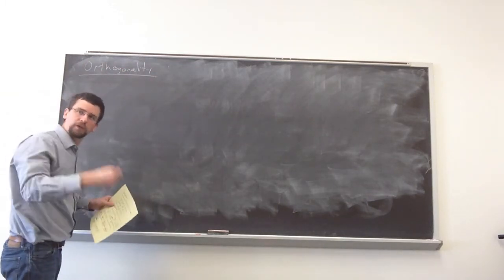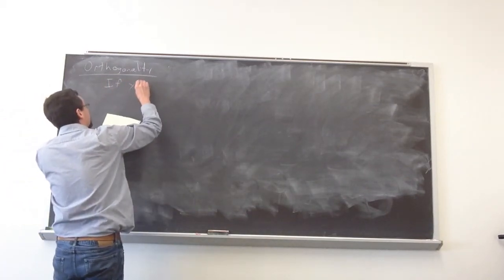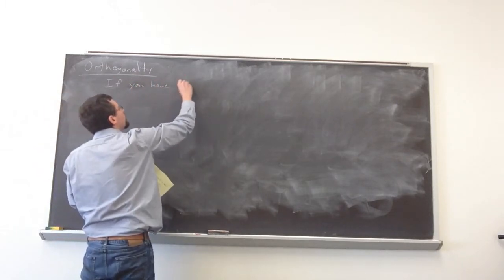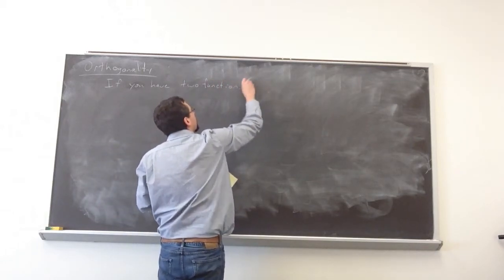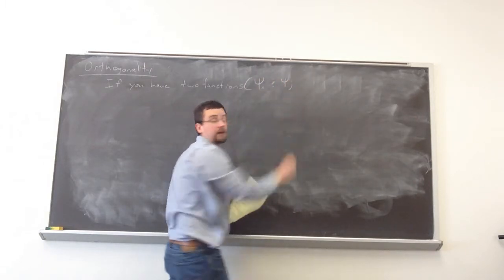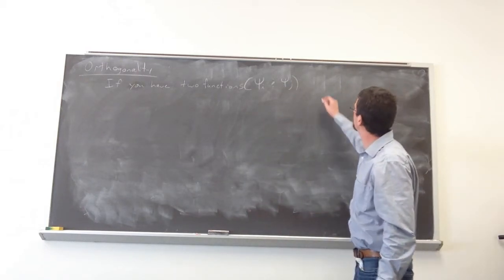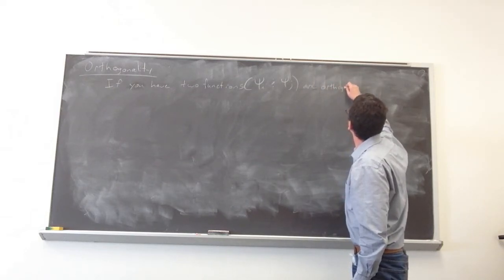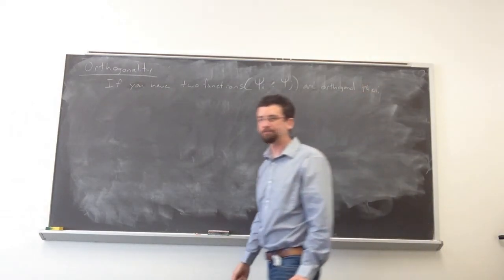Let's talk about what orthogonality is. If you have two functions, psi sub i and psi sub j, and they are orthogonal, then we have two possibilities.